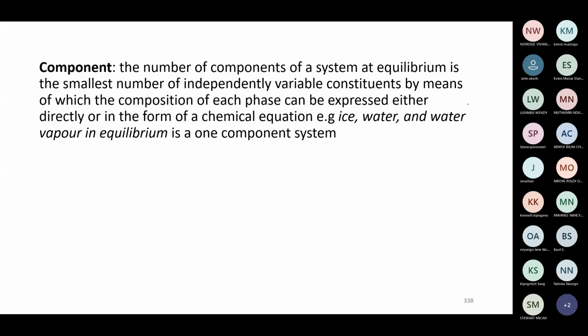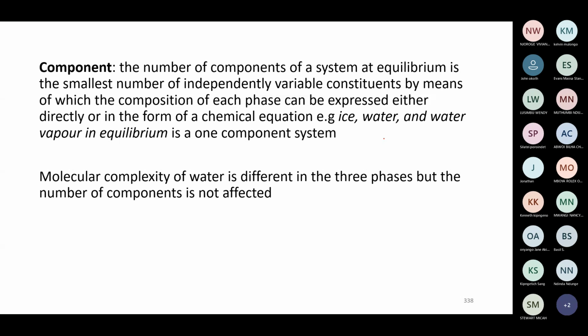So for example, ice, water, and water vapor in equilibrium is a one component system because the three phases, the chemical composition is water, that is H2O. So then it's a one component system. So molecular complexity of water is different in the three phases, but the number of components is not affected.